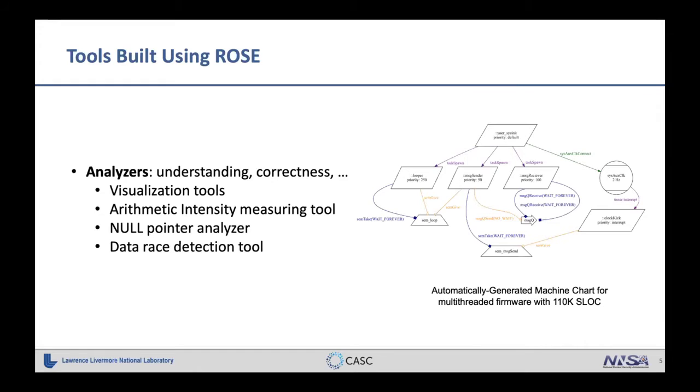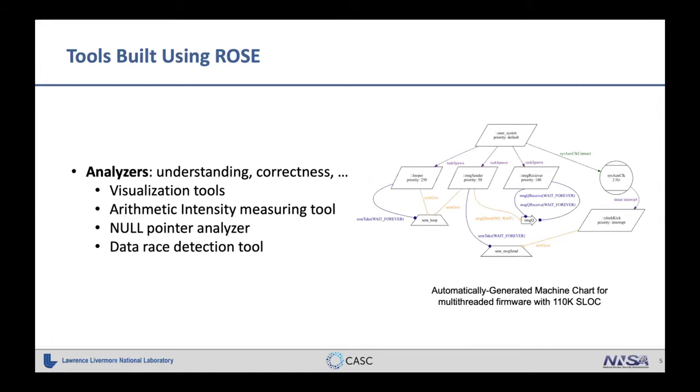So from a high level point of view, there are two types of tools we are building. The first kind are analyzers. Those tools do not change your source code at all. Instead, they just extract all kinds of interesting information out of your source code and present the results to the users.